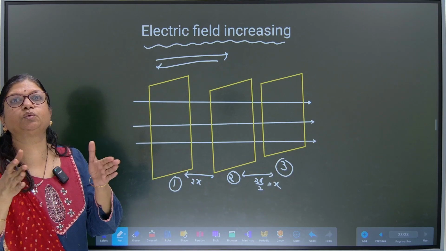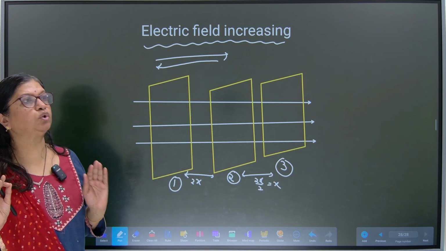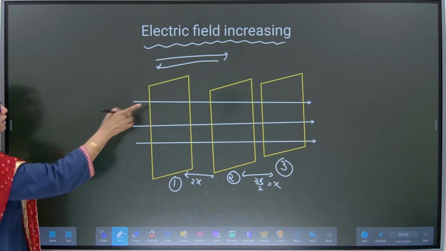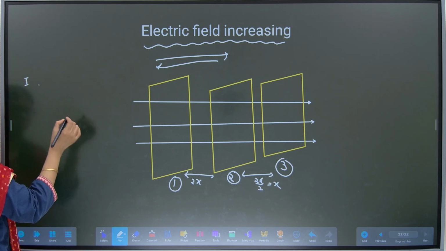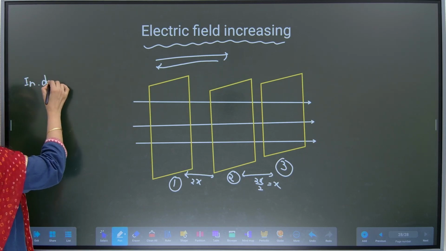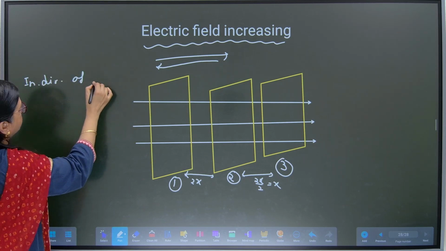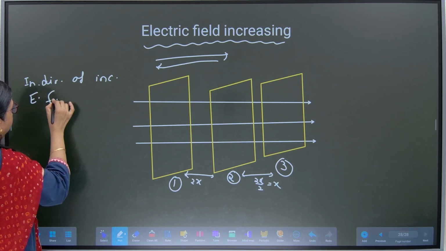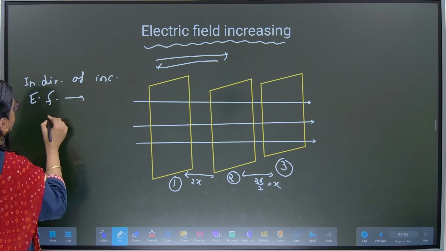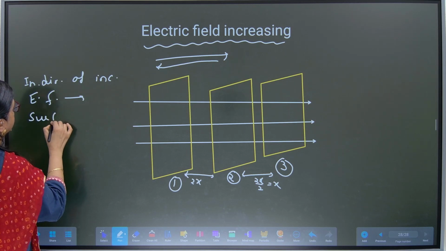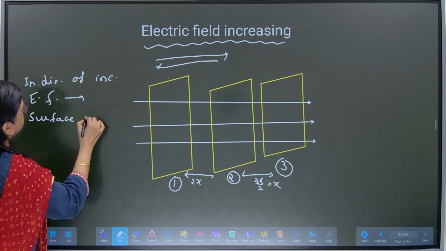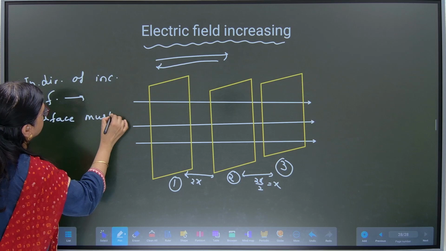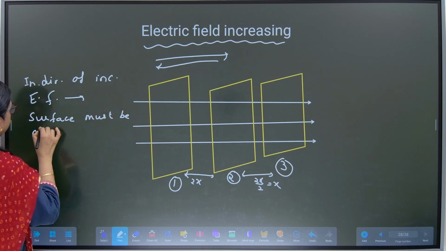Means they are closer to each other. So what should you remember? In the direction of increasing electric field, the surfaces must be close to each other.